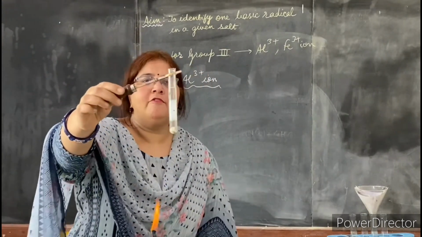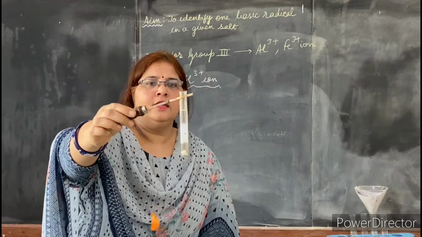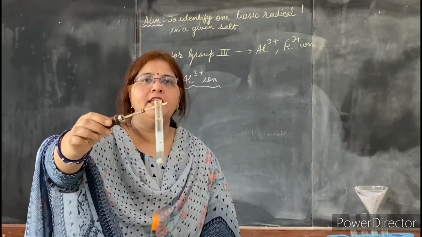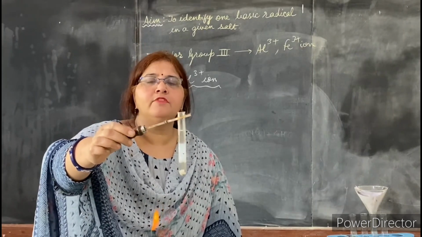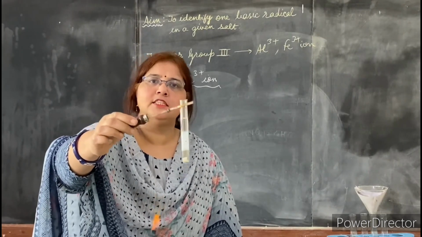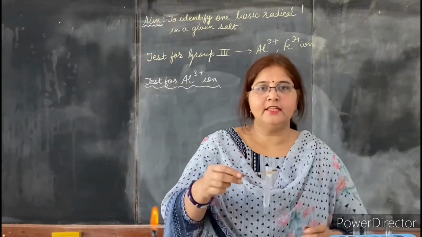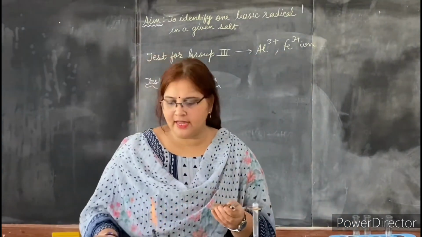You will see a white gelatinous precipitate is obtained. This white gelatinous precipitate is of the aluminium ion. Filter the precipitate and do the confirmatory test from this precipitate. Take the precipitate in the test tube and add sodium hydroxide to it.